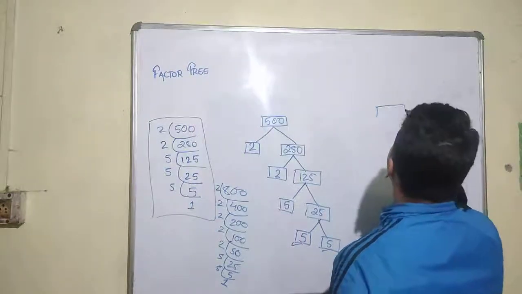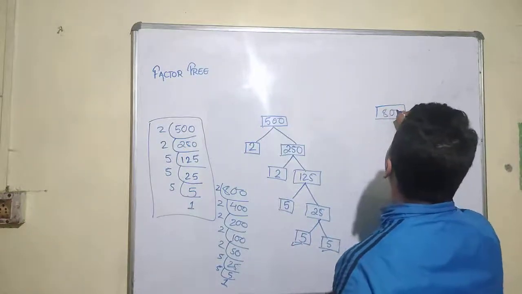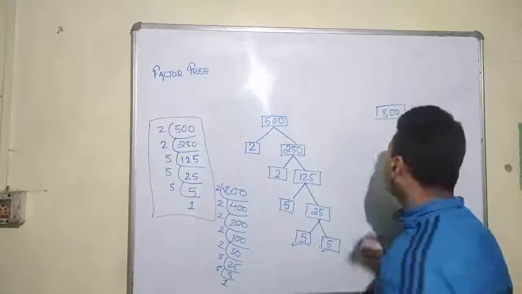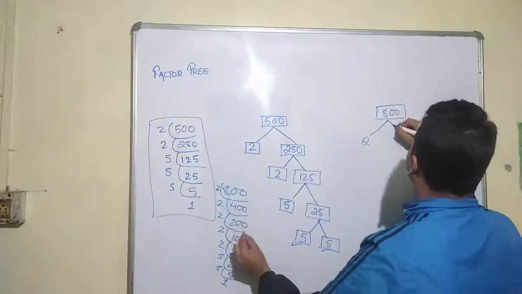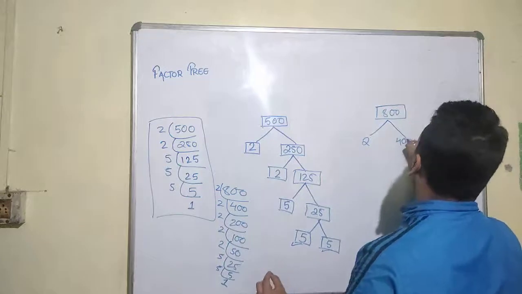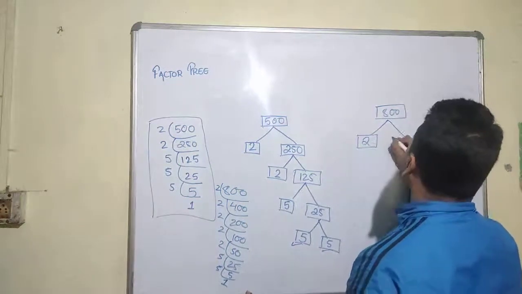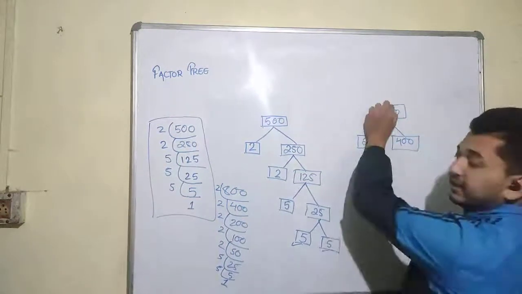So we have 800. 800 can be expressed as 2 into 400, because 2 multiplied by 400 is 800.